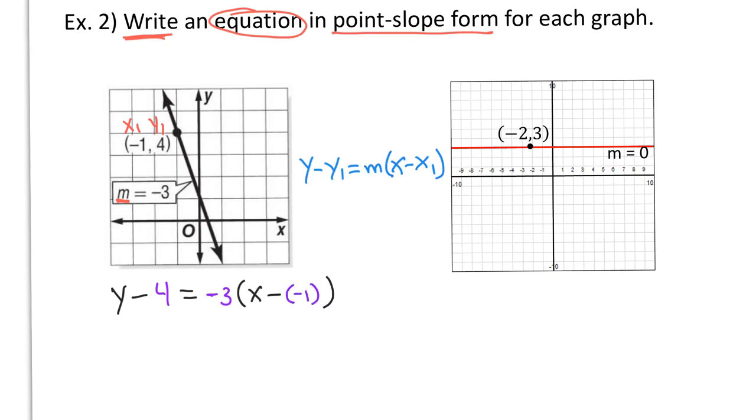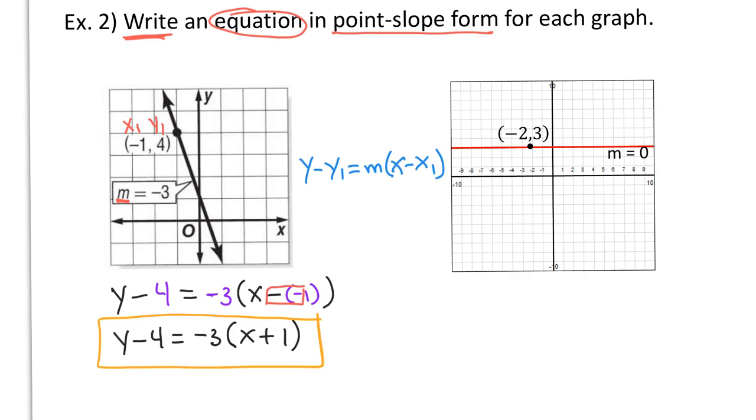I need to simplify this double negative right there. Negative times a negative is a positive, so I have y minus 4 equals negative 3 times the quantity of x plus 1. So my answer in point-slope form is right there.